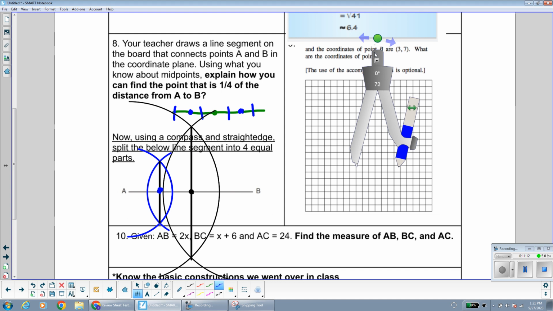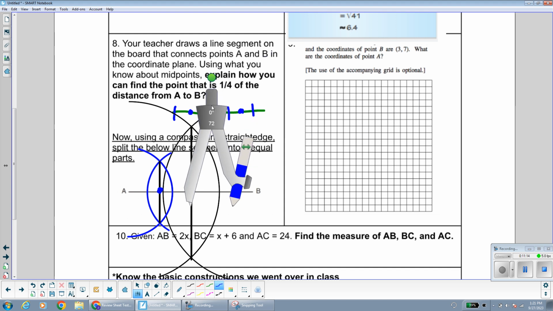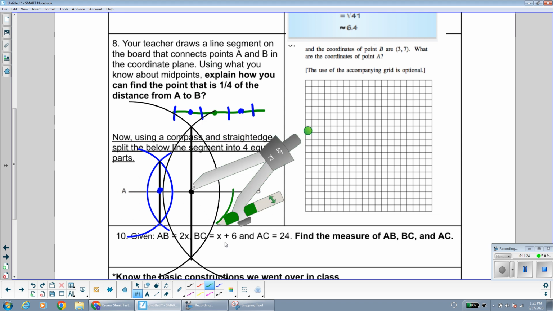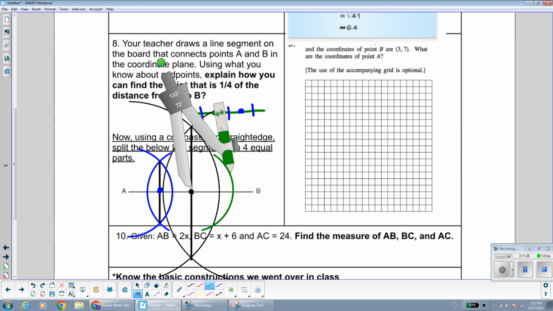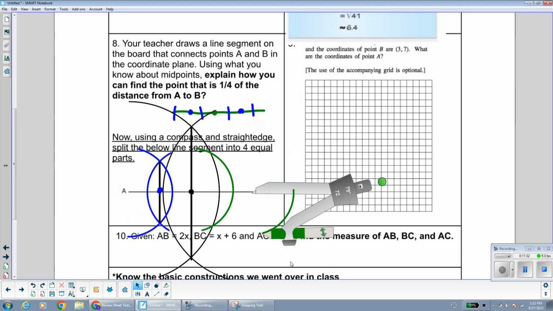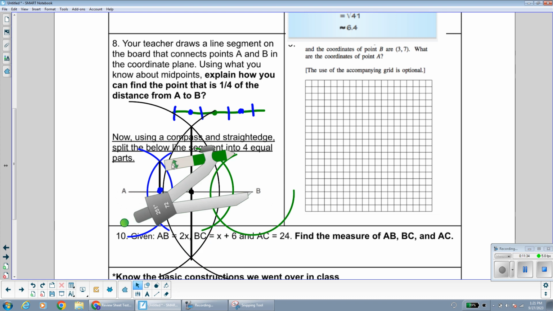And then we just need to split the other half in half. So I'm just going to come over here. Oops, I keep clicking all the wrong buttons also. Okay, more than halfway down and arc above and below. And then without changing my distance or the hole that I'm using, I'm going to come over here. Oops, and I'm going to make the same exact arc using the same hole or the same distance.